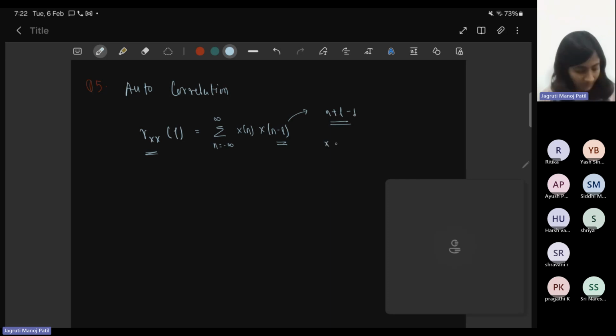Here our signal of interest x of n is given as 1, 2, 3.